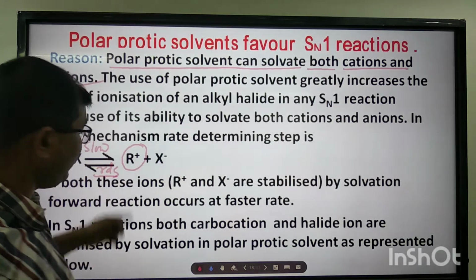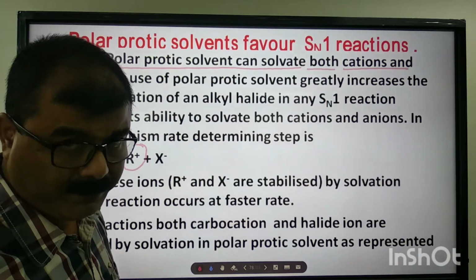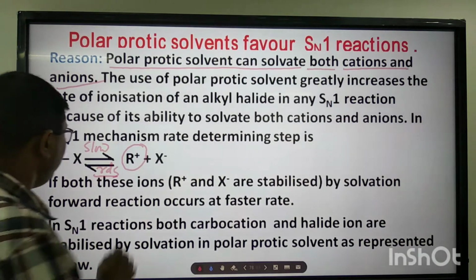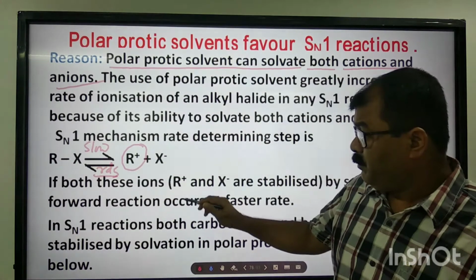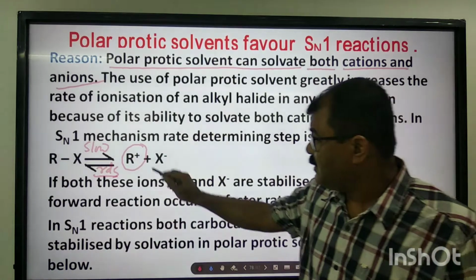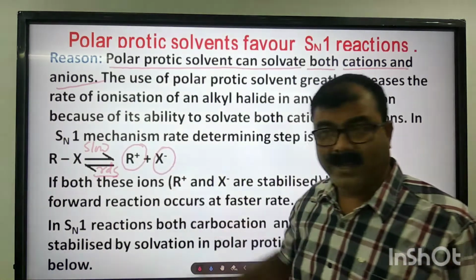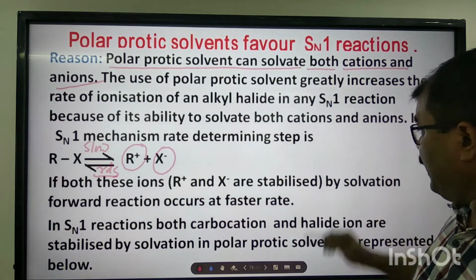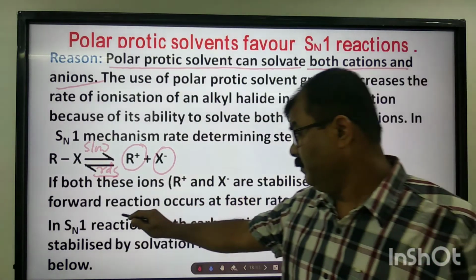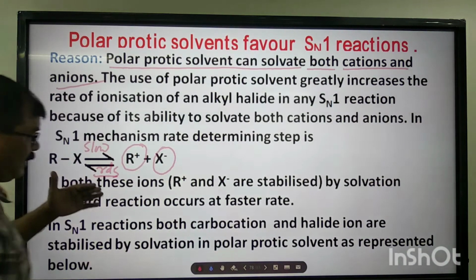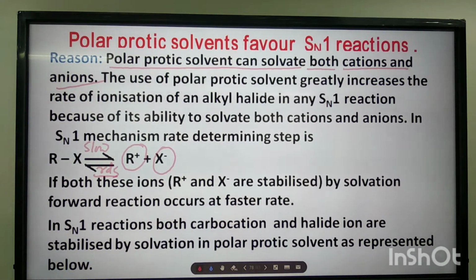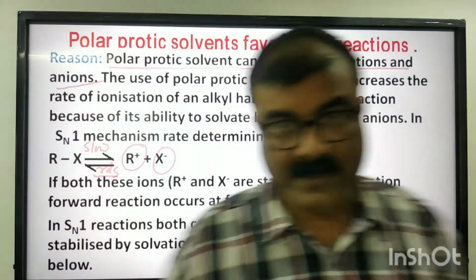That is why it is called rate determining step. Rate is determined by this step. Clear? Now, if both these ions, this is a cation, this is an anion, the halide ion, both cation and anion, are stabilized by solvation by the protic solvent. Now, how does solvation take place?